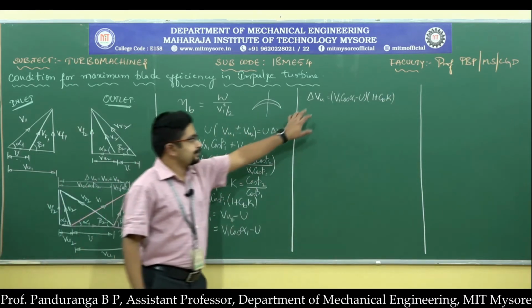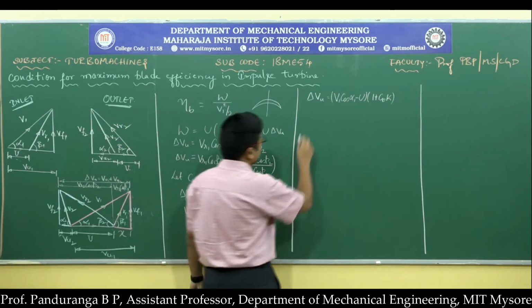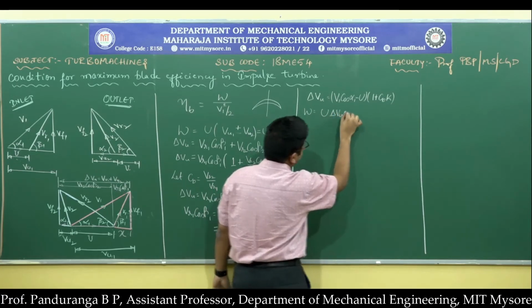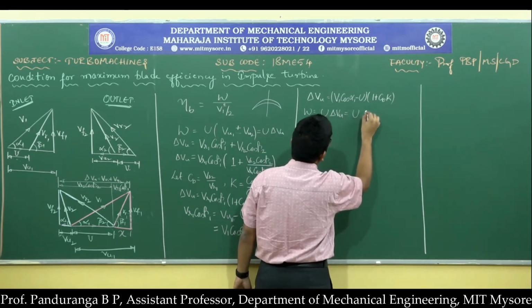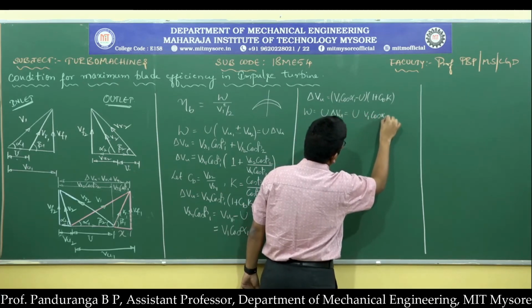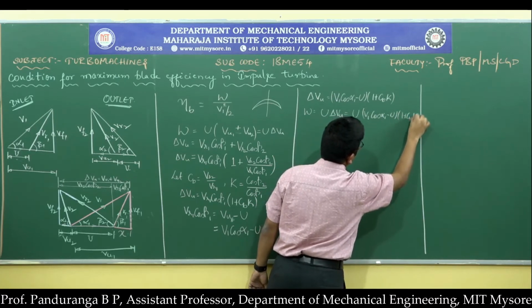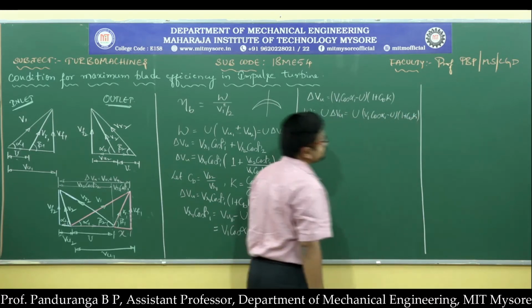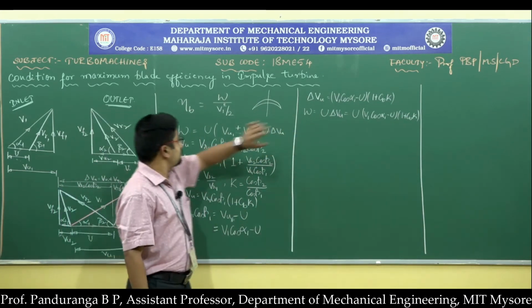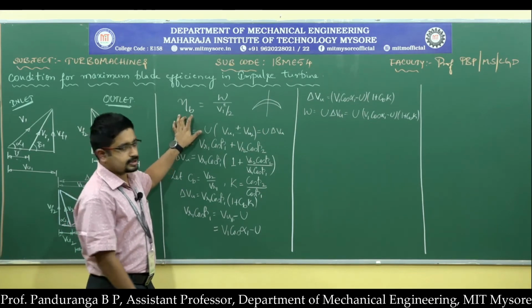So now I will substitute delta VU in the work done equation. The work done W will be equal to U into delta VU, which will be equal to U into V1 cos alpha 1 minus U into 1 plus CB into K. Now I will substitute the work done equation in the blade efficiency term.